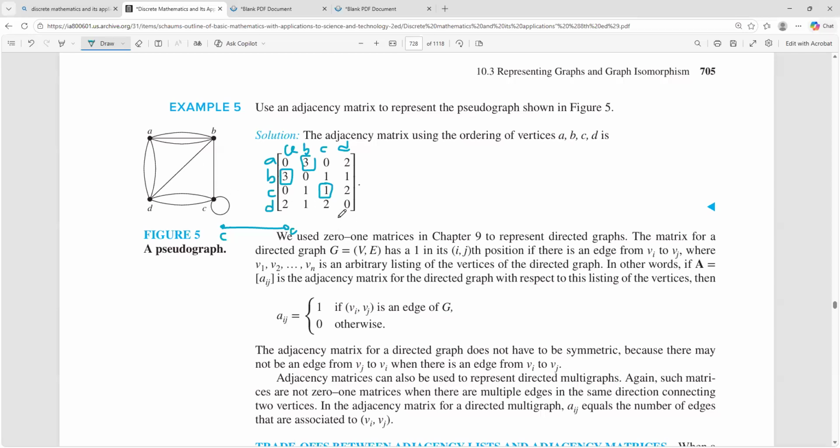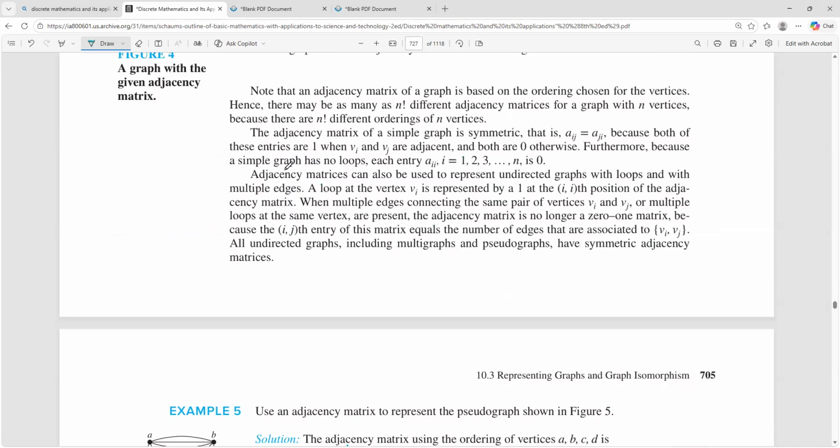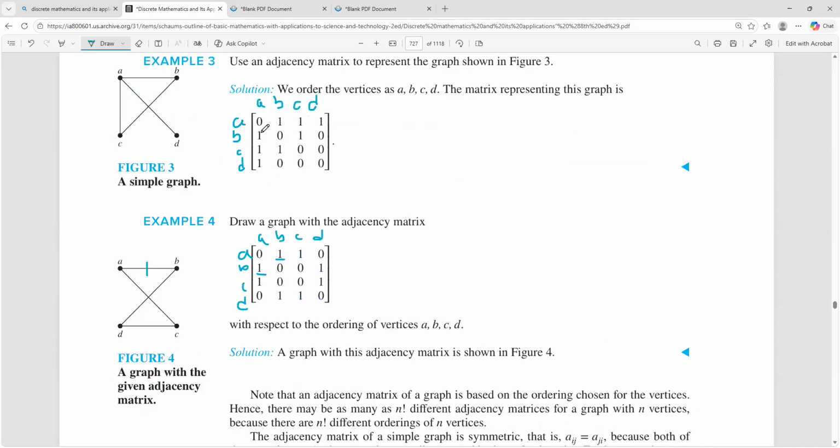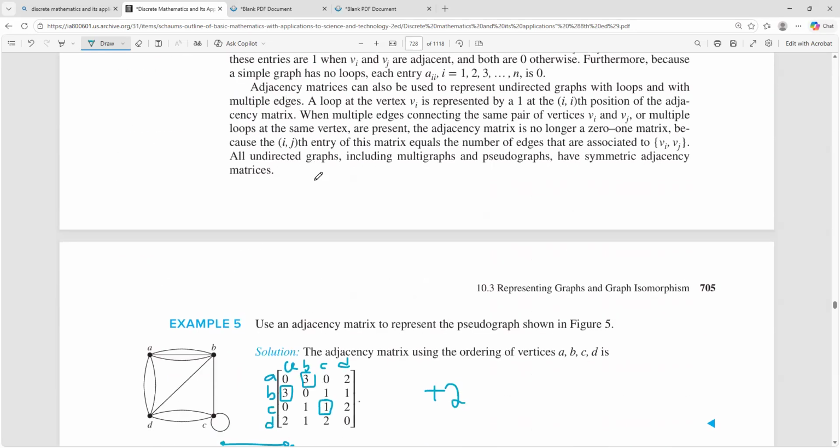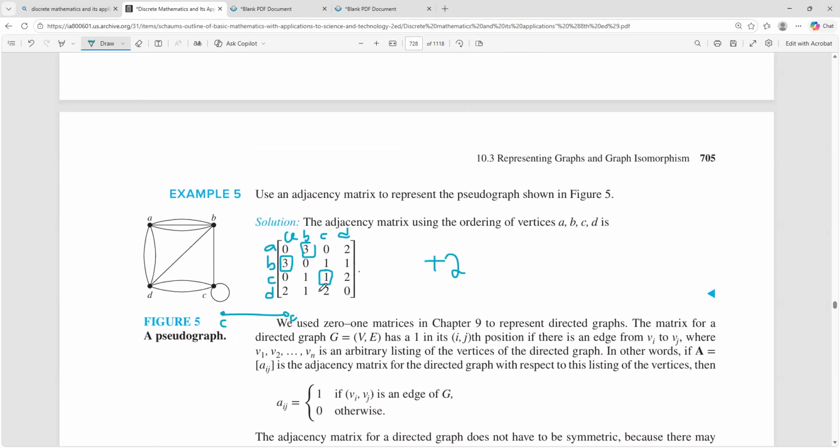Okay. Remember earlier in the review session, we went over that if there's a loop in a graph, it counts as +2 to the degree of a vertex. Well, here in the adjacency matrix, remember for simple graphs loops don't exist, so it's zeros in the diagonal. But in pseudographs loops can exist. So whenever there's a loop, we add it once per loop.